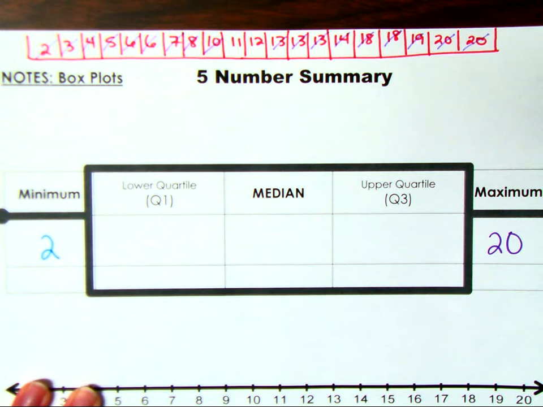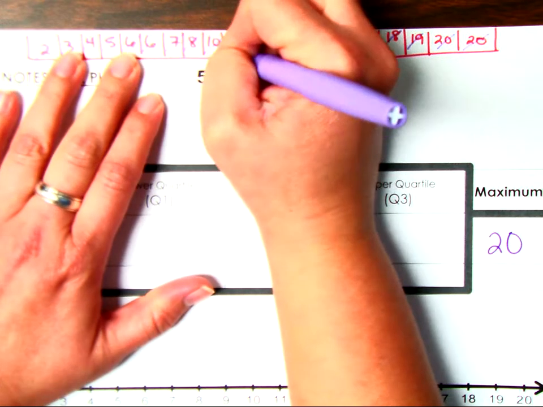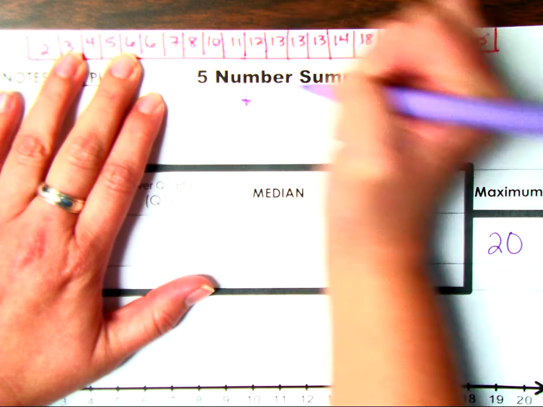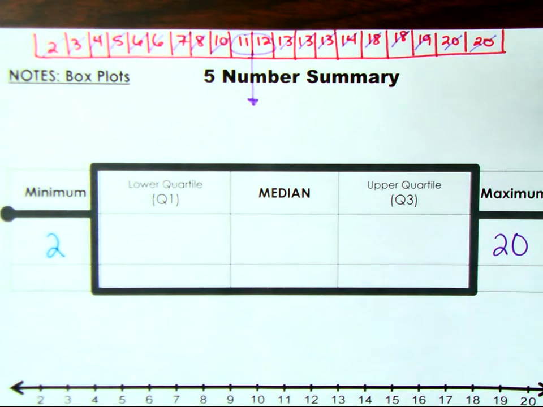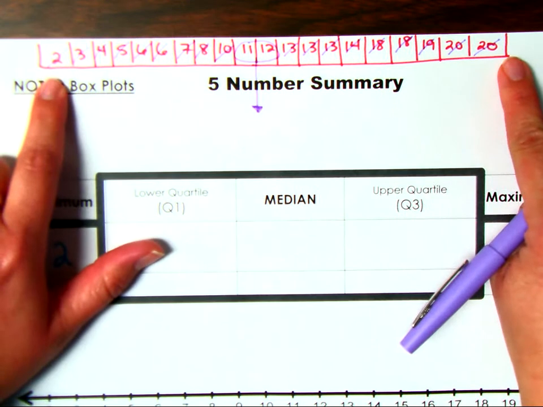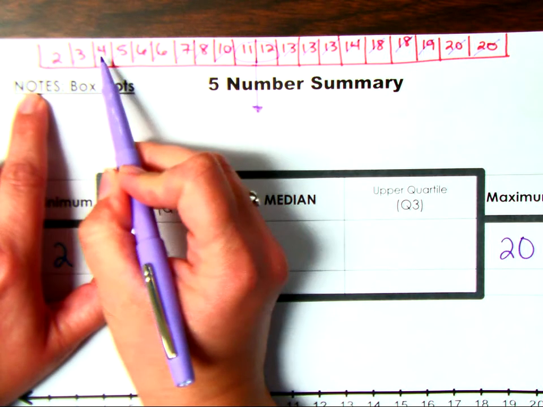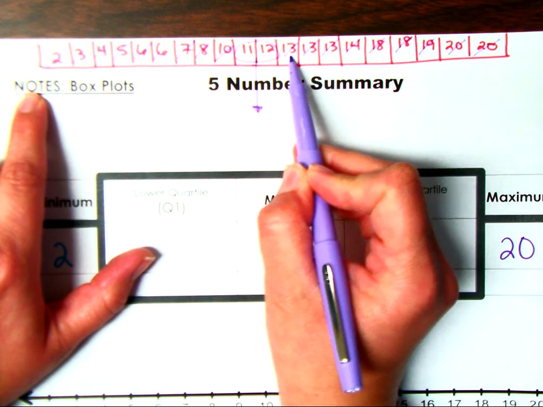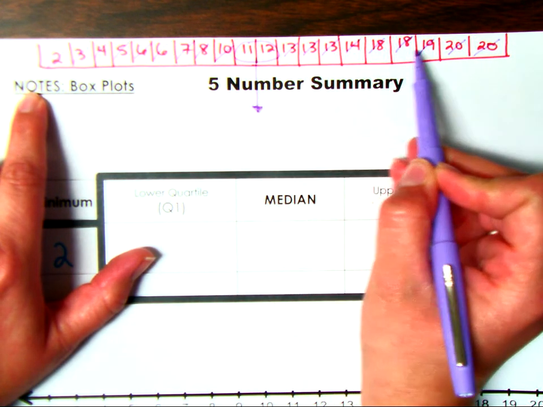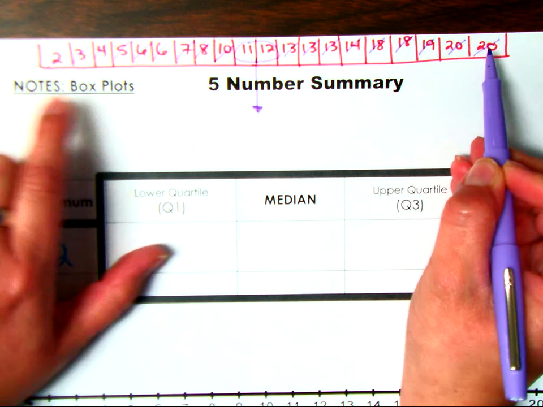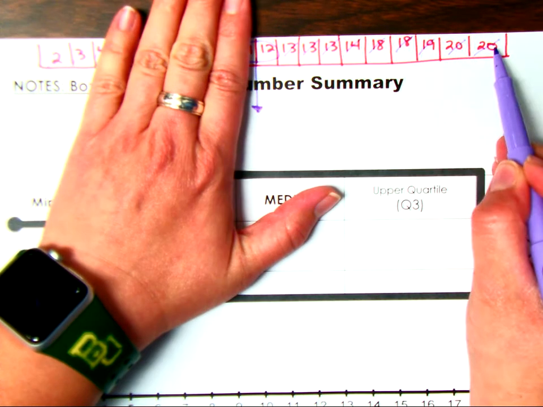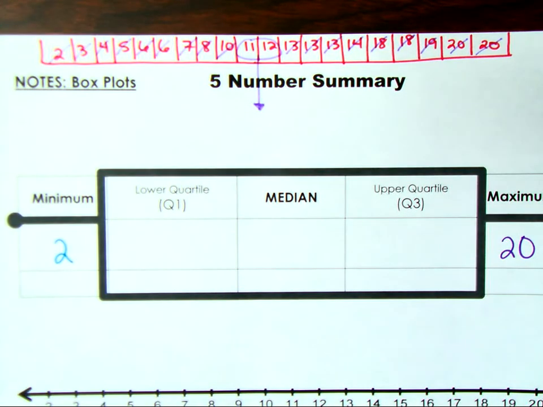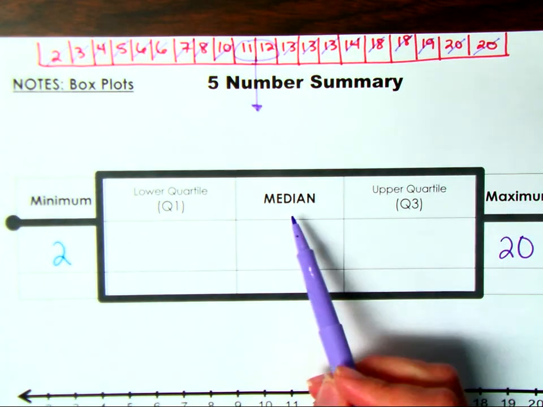Now when we get there, we have 2 middle numbers, between 11 and 12. If you have an even set of numbers, we can count 1, 2, 3, 4, 5, 6, 7, 8, 9, 10, 11, 12, 13, 14, 15, 16, 17, 18, 19, 20 numbers. That's 10 numbers over here and 10 numbers over here. You still have a middle number. Median is in the middle.